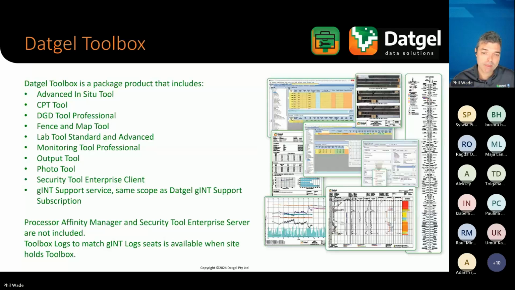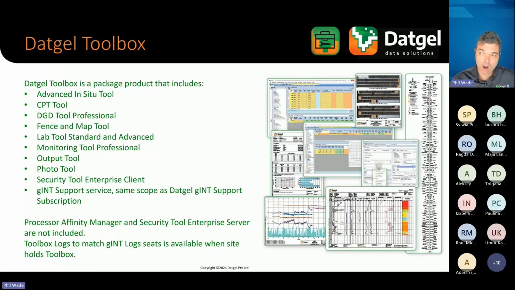So we've gone through almost all the products that Datgel offers. You can purchase all the gINT add-in products in one package called Datgel Toolbox. You can see the list there, the Advanced In Situ tool, CPT, DGD tool, and so on. All of those products are available in this one package, and it includes gINT technical support.